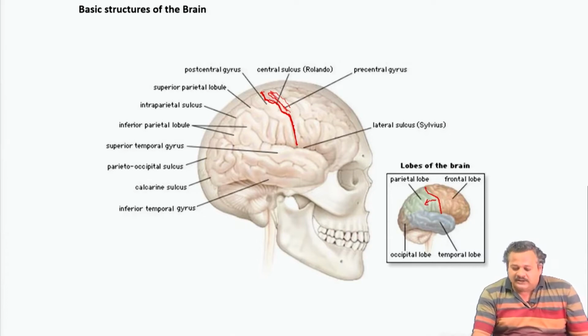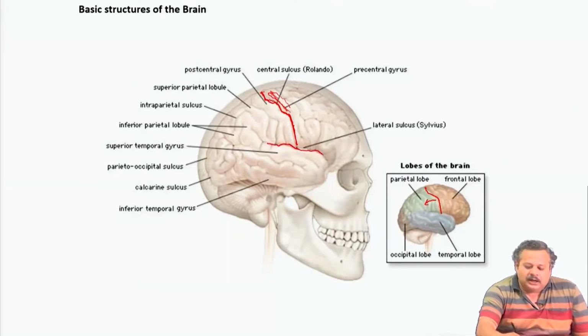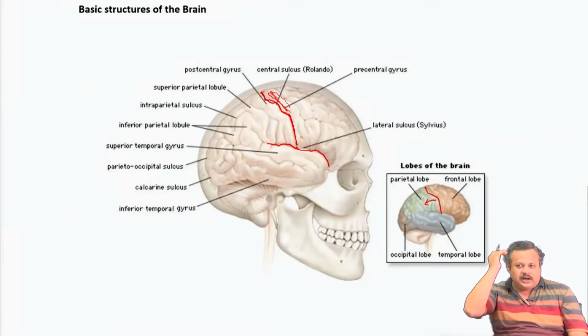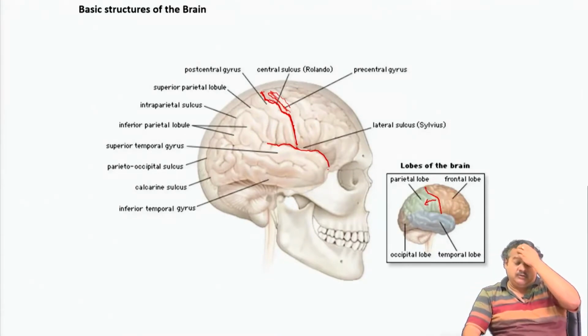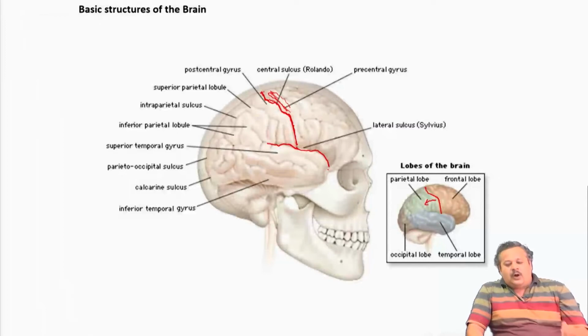Another very important sulcus is the lateral sulcus, which differentiates the temporal lobe from the other structures. It runs parallel to the transverse plane, and it separates the temporal lobe from the parietal and the frontal lobes.